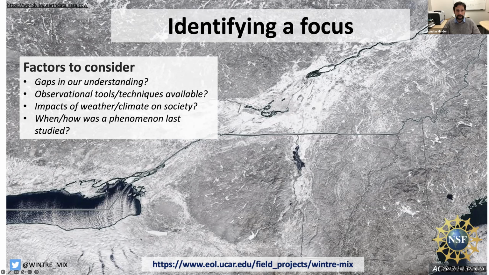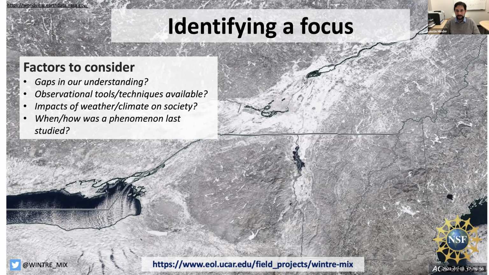Also, what are observational tools and techniques that are available to study this phenomena in the field? How can we characterize different aspects of whatever it is that we're trying to understand? Also, what are the impacts of different weather and climate phenomena on society? A lot of these major field campaigns are quite expensive.